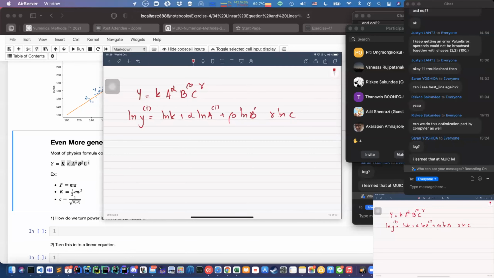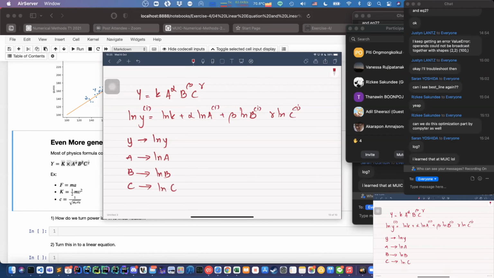Now it looks very close to what you know, right? So that means whenever you have the data, you're going to have the y, a, b, and c. You go collect the data, y, a, b, and c. And then what you do is you turn this into log of y, log of a, log of b, log of c.